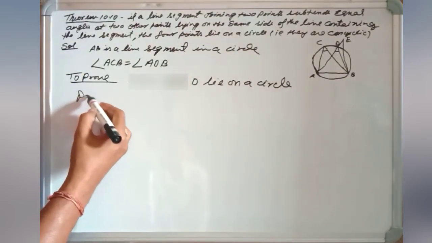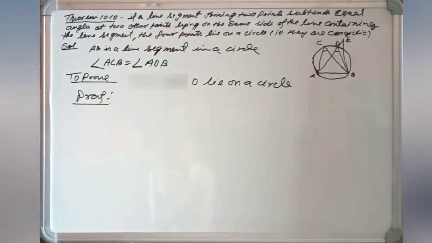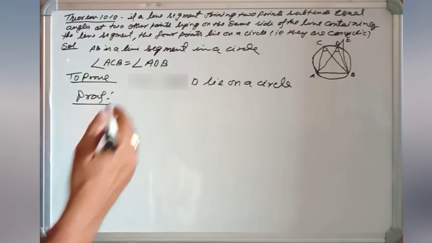Now we will prove theorem 10.10. So students, this theorem we can prove by contradiction. Contradiction means we are seeing in the figure D is on the circle, but we let D is not on the circle.